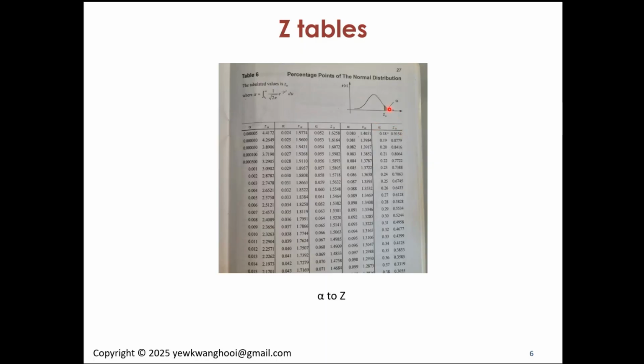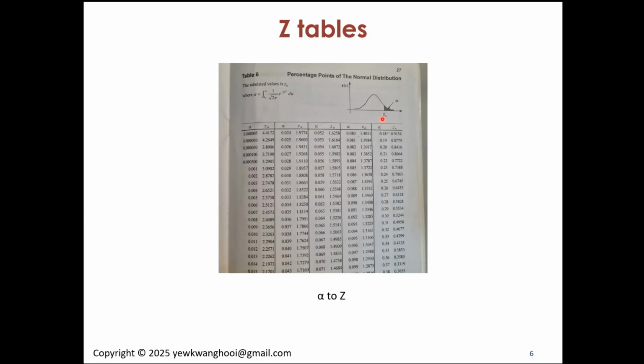The area underneath the chart given by alpha or significance, and then the z value, which is along the x-axis, which determine the lower bound and upper bound of a proportion.